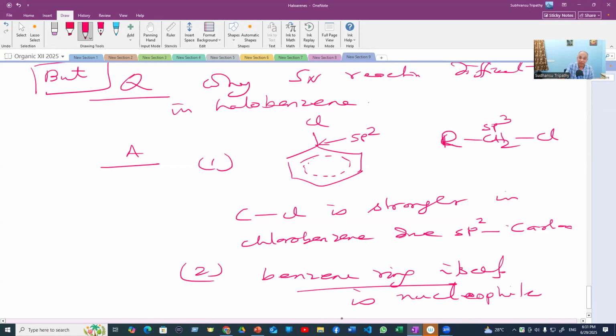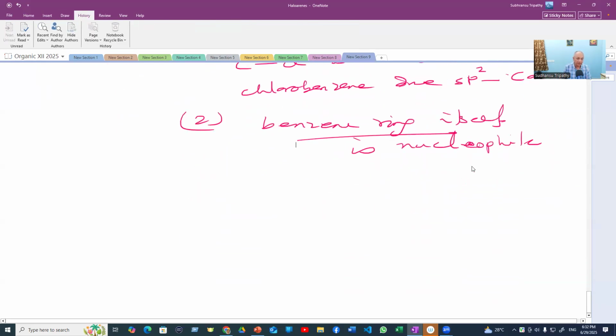So there is a minus delta, minus delta, minus delta, so the electrophile will attack in the ortho-para position. But I have already ruled that out because halo groups have predominant minus I effects. And here the leaving group is chloride ion, bromide ion, not the hydride ion or something like that. It is the Cl and Br which is sitting that will go as Cl minus, Br minus. The situation is completely different. Therefore, it is very, very difficult.